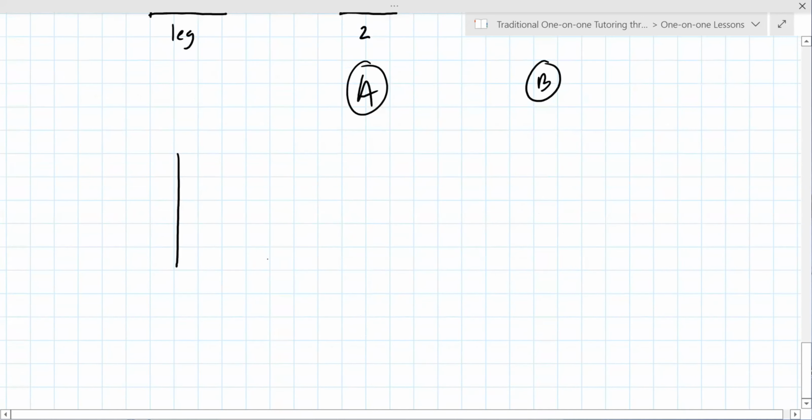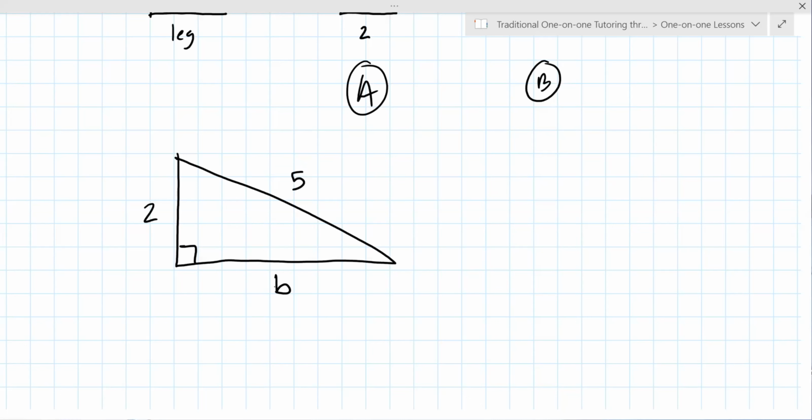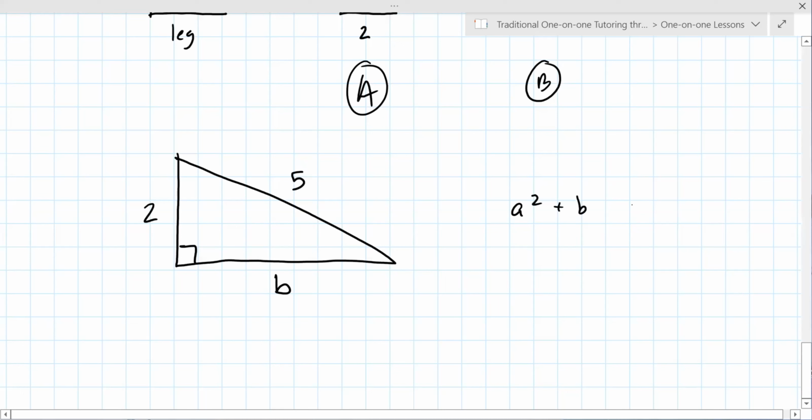So I'm going to just draw it a little bit bigger just because I've got my screen here. So this is 2, this is 5, and we're going to call this little b. Okay, now how do you find the third side in a triangle when you're given 2 of the other sides? Pythagoras. Yes. So we have a squared plus b squared equals c squared.